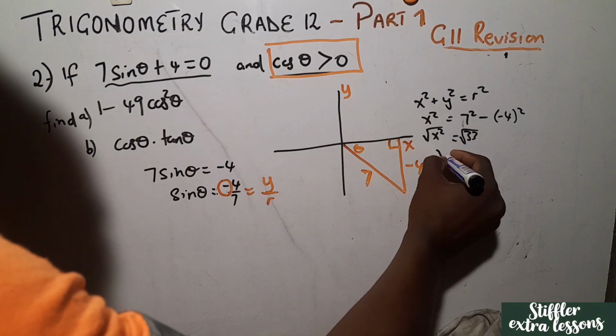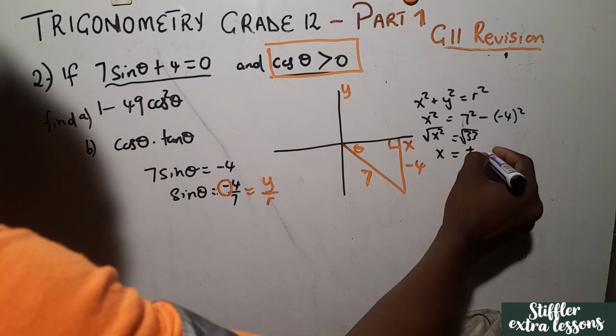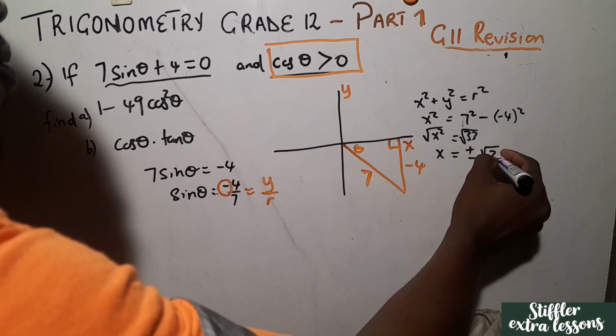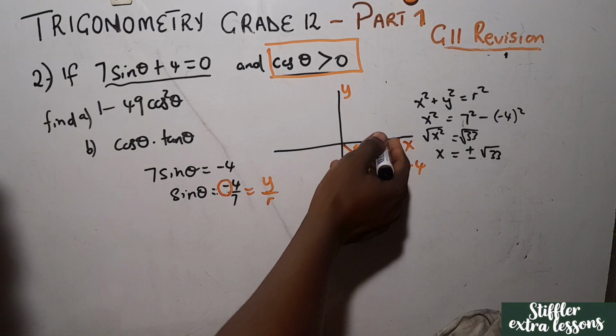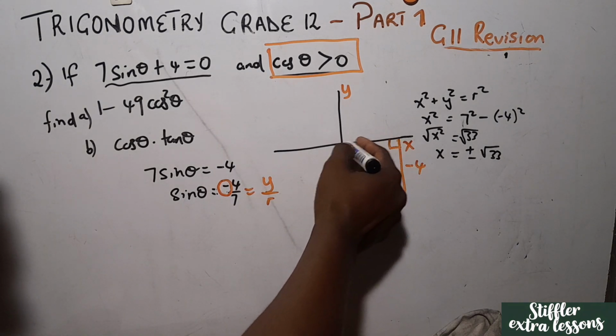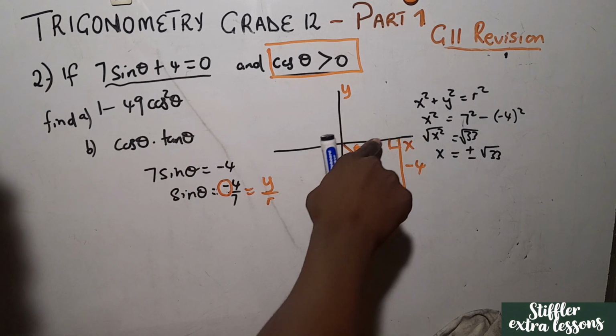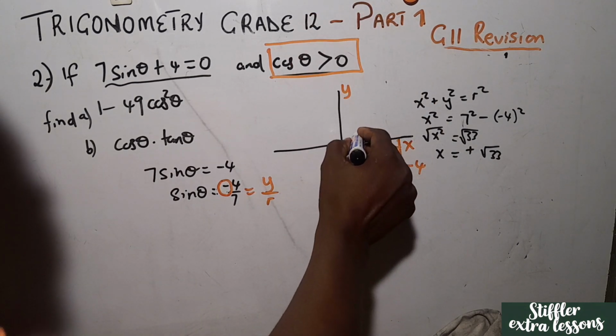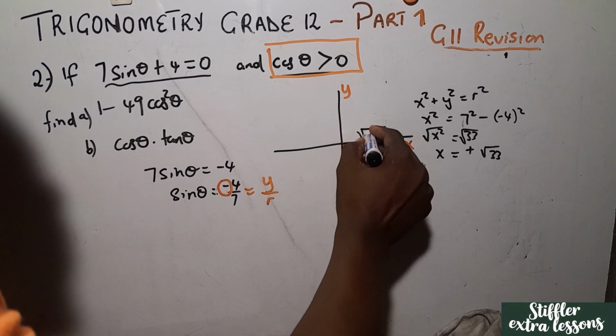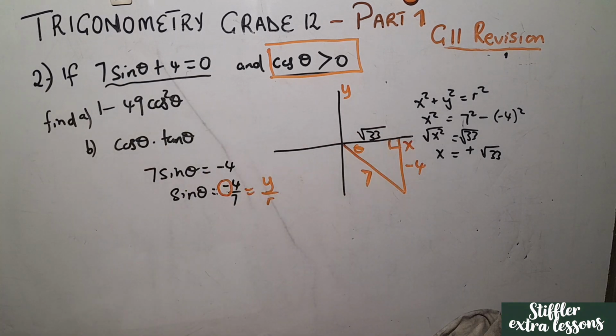So it means that our x is plus or minus root of 33. Now we check which quadrant we are talking about. Is this quadrant, this side, right? So our x is positive there, so we can just remove the negative. So now we'll be left with root of 33 as positive, right?